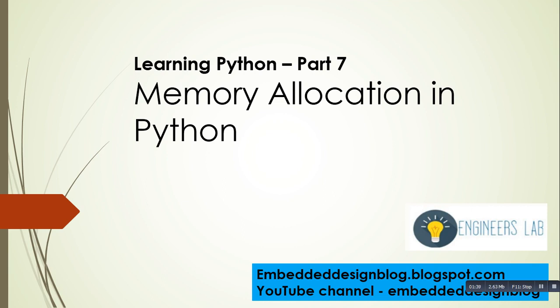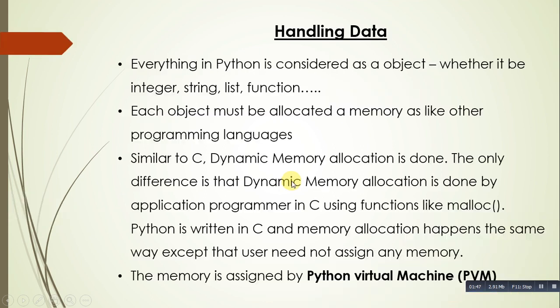Now coming to Python, the first thing we have to know is how memory allocation is done in Python. One thing is definitely for sure, as we have discussed in the previous video as well: everything in Python is treated as an object, whether it be an integer variable, a string, a list, which is like the array in C, or a function.